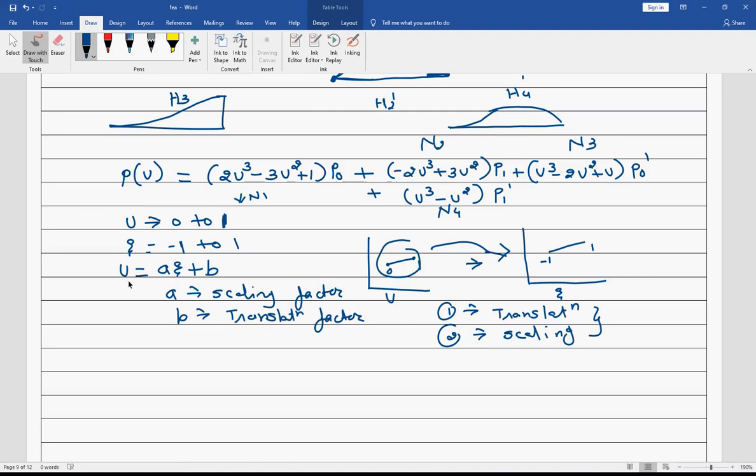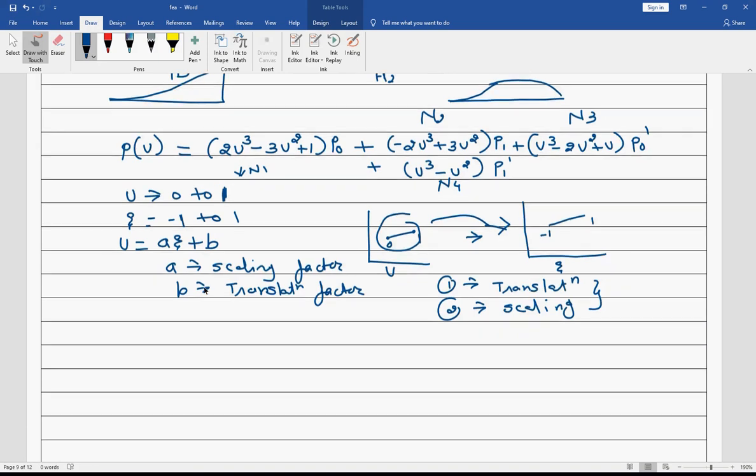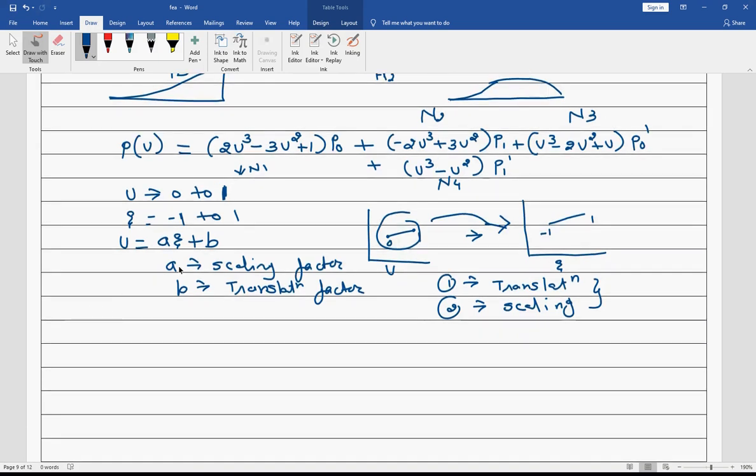By this transformation u could be converted into minus 1 to 1, or the entity will be converted from one geometric coordinate system to another in which scaling and translation are involved.